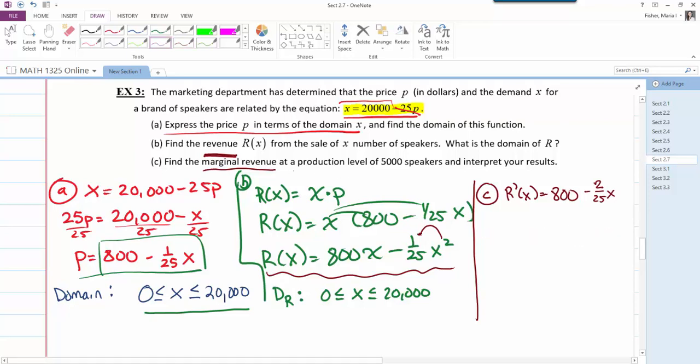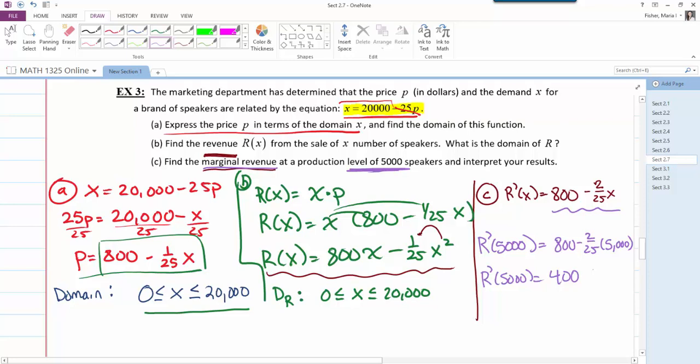So if I need to find the marginal revenue at a level of 5,000 speakers, that just means to plug in 5,000 in place of X in your marginal revenue function. So in this case, we're looking at 800 minus 2 over 25 times 5,000, and we end up with 400.